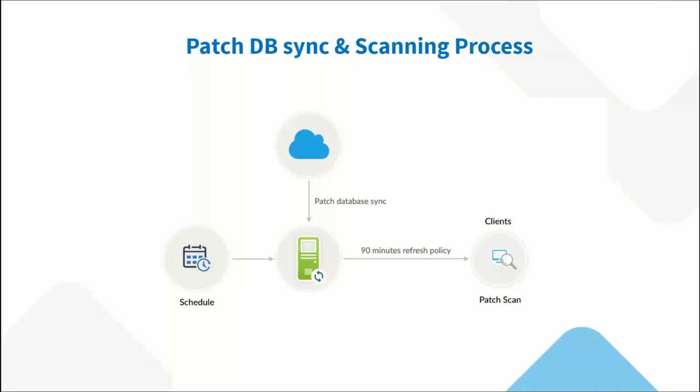As you can see, both the synchronization process and the scanning have been automated, and all you need to do is ensure the proxy and the patch database settings are configured.